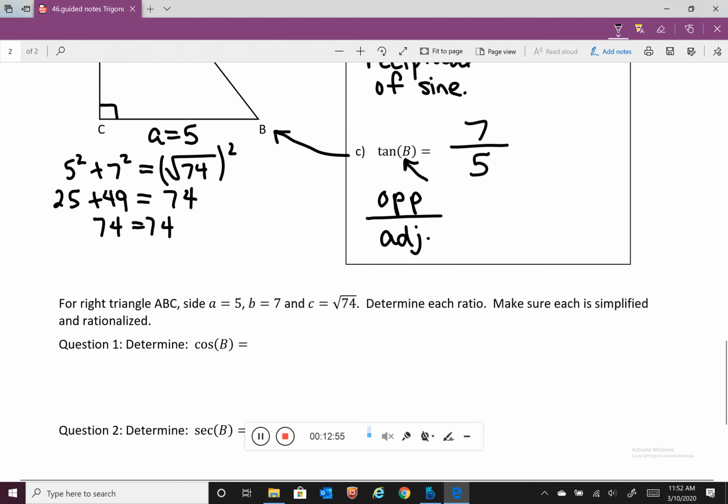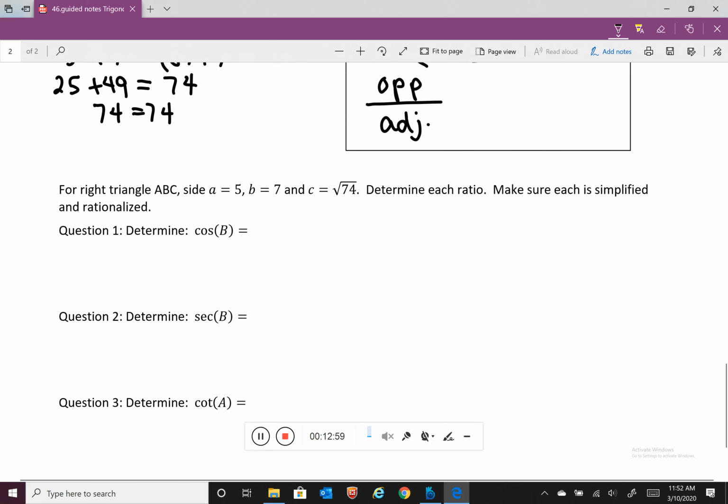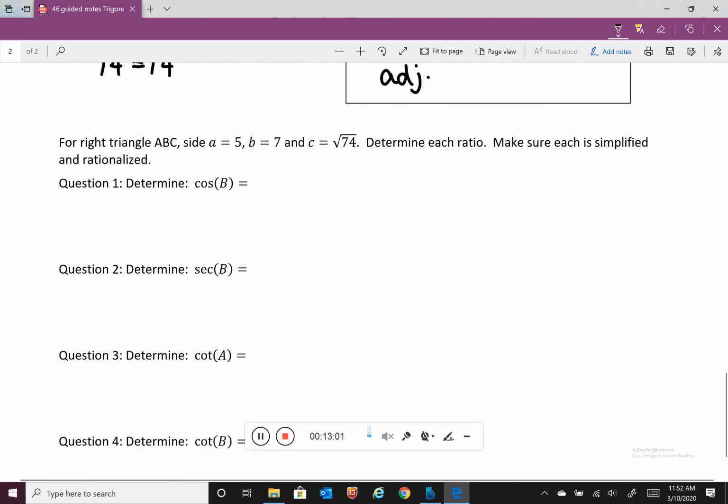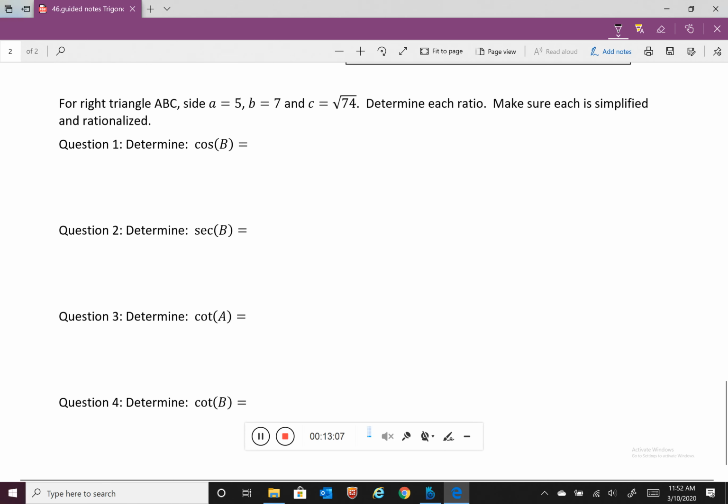Now you have 4 questions, and we're using the same triangle. So for right triangle ABC, where side A is 5, side B is 7, and the hypotenuse C is the square root of 74, you're asked to determine each ratio. You're going to make sure each answer is simplified and rationalized.